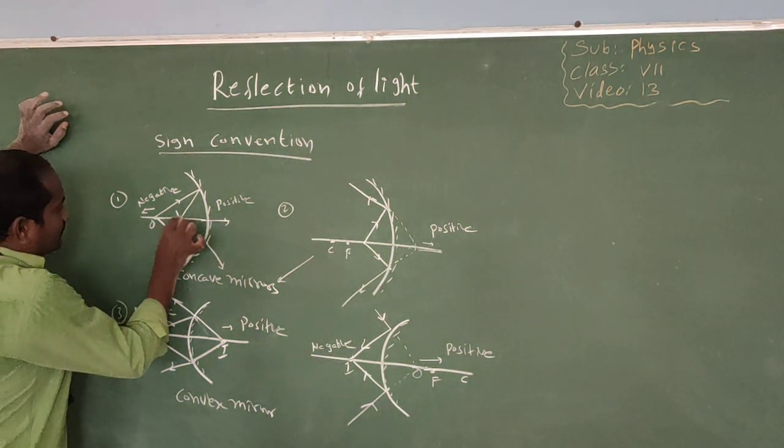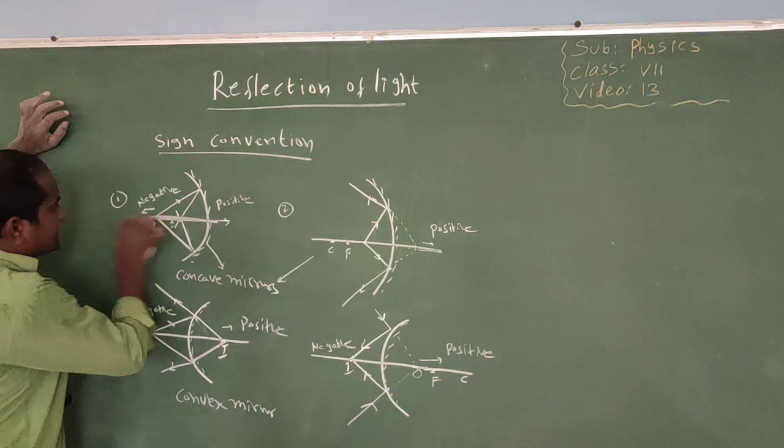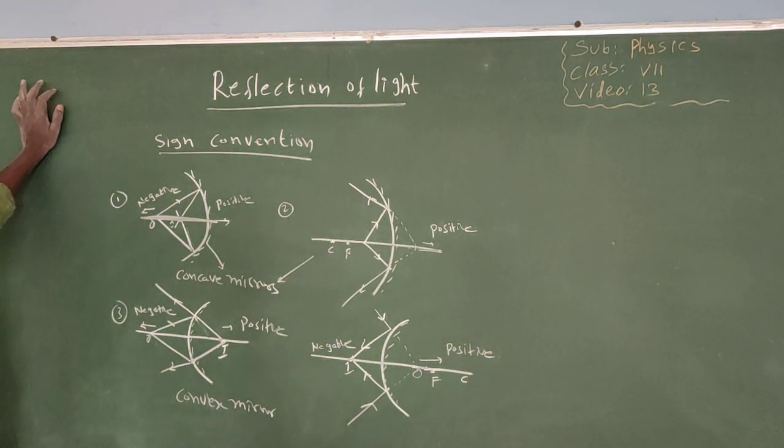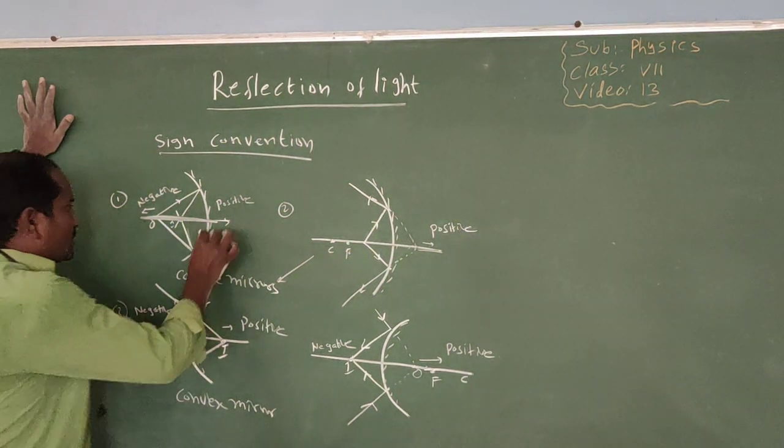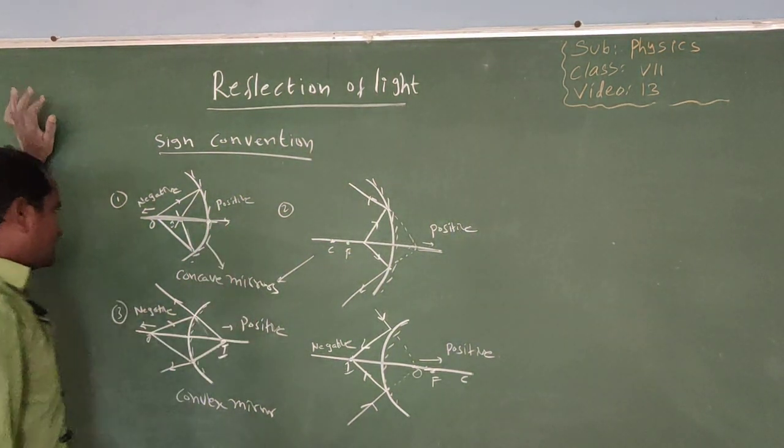Here the principal axis is taken as the positive x-axis, so the pole is the origin.